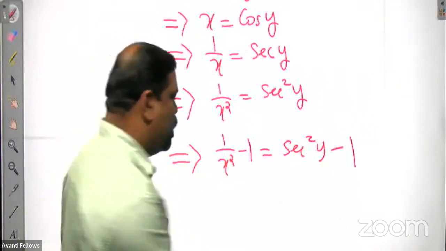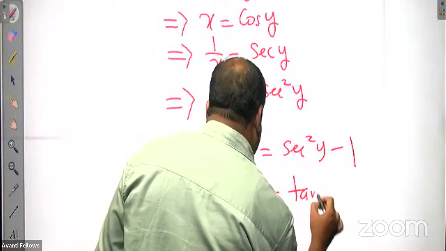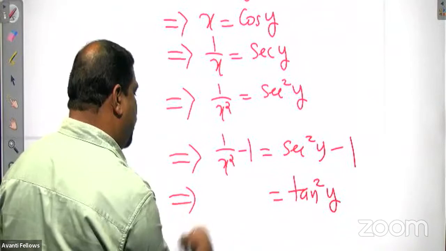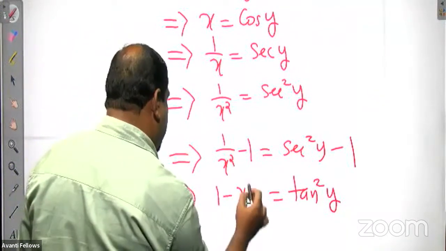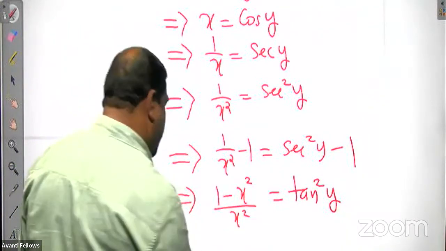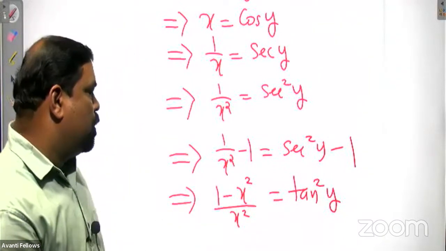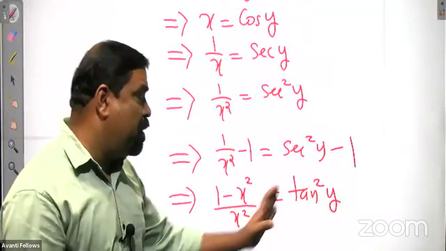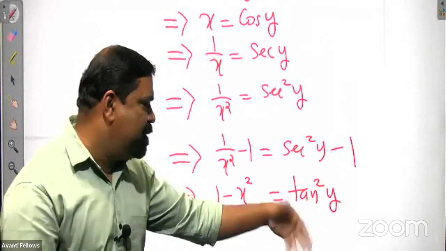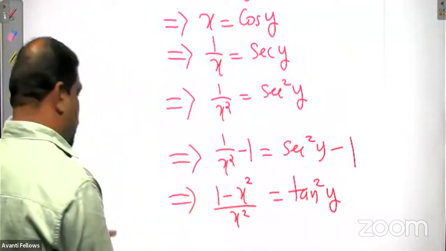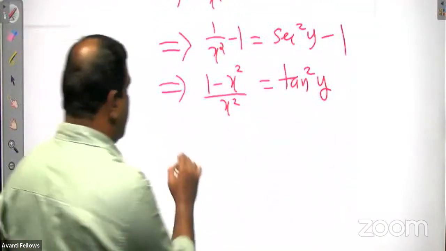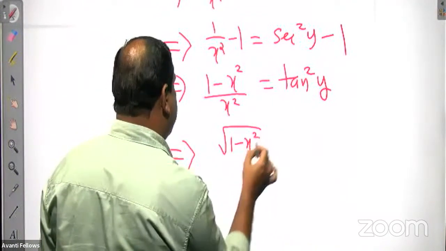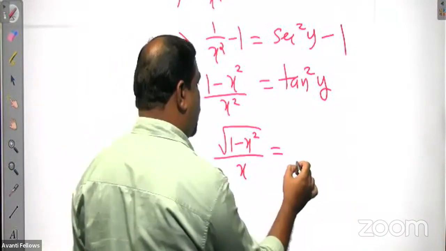That is tan square y. So we got tan square y. And the left side we can simplify a little more: 1 minus x square all divided by x square. So we are almost reaching tan. Now very easily we can move to tan y. So what is the next step? Take the root: root of 1 minus x square by x is equal to tan y.